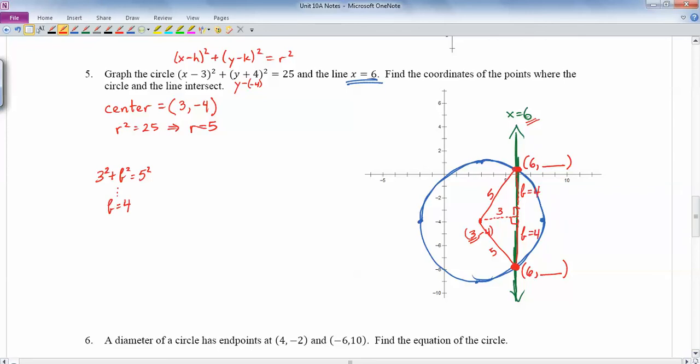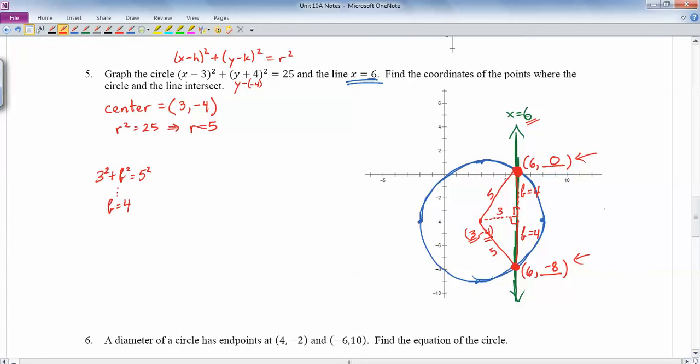We were at (3, −4), we go 3 to the right, that makes the x 6. If I go up 4, I add 4 to the −4 and get 0. So really that's on the axis there. If I go down 4, I'm at −4, I subtract 4 more, I'm at −8. So that's one way to get these 2 points, (6, 0) and (6, −8).